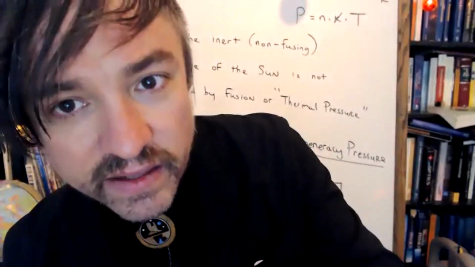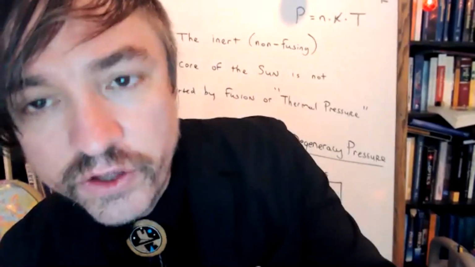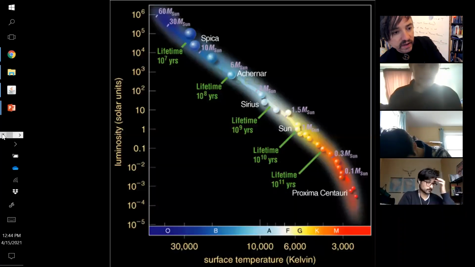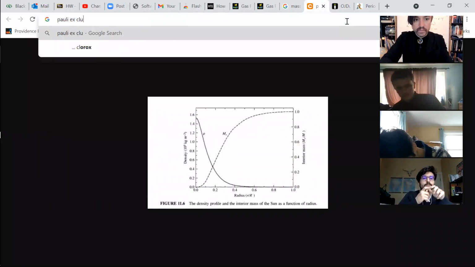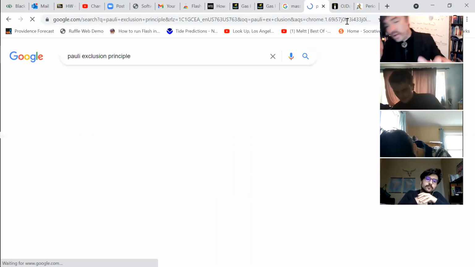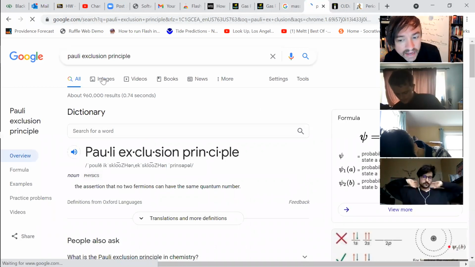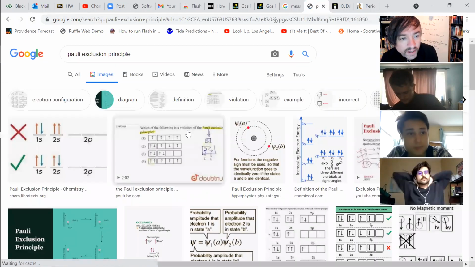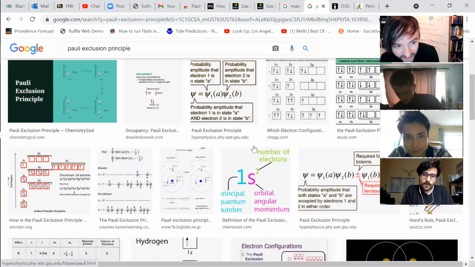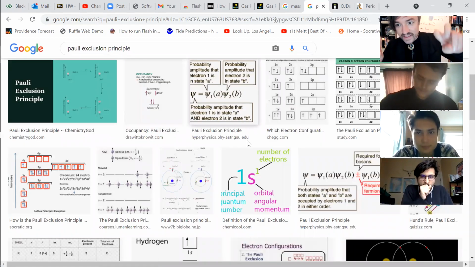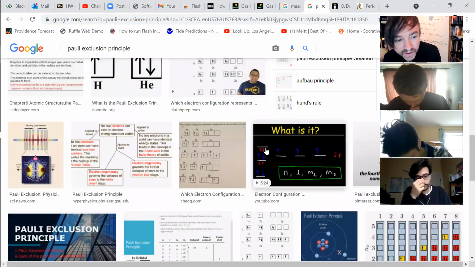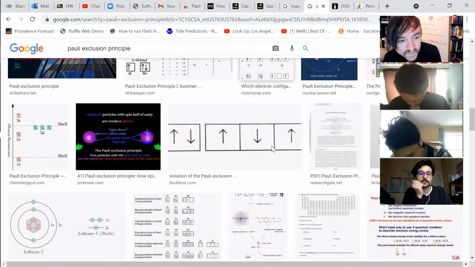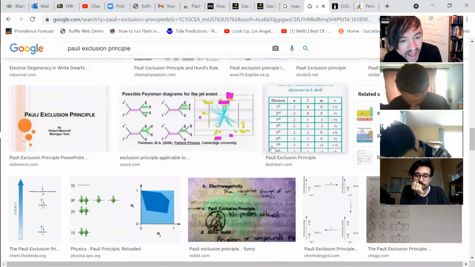If you've taken a chemistry class and you ever had to stack electrons inside of an atom, you might have heard of this weird effect in quantum mechanics called the Pauli exclusion principle. The Pauli exclusion principle, at its outset, says no two quantum particles can have exactly the same state. They can't have the same spin and angular momentum and quantum number. And that just starts to sound, well, a little wiggity wackety.